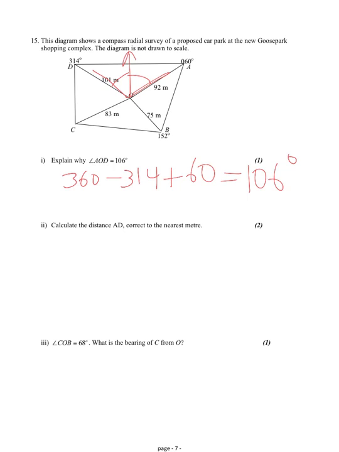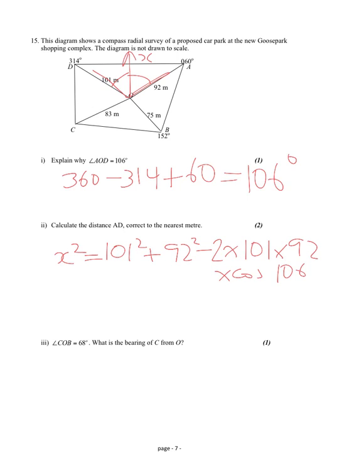Now, we are obviously finding that side, so 3 sides, 1 angle is cosine rule. 101 squared plus 92 squared minus 2 times 101 times 92 times cos 106, and we get, always need to square root, and we get 154 meters because it's the nearest meter.